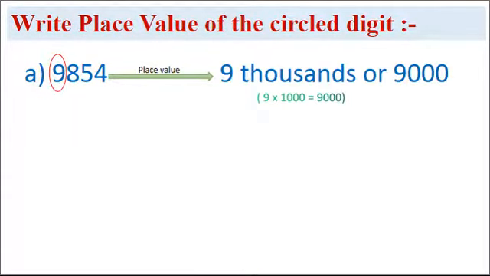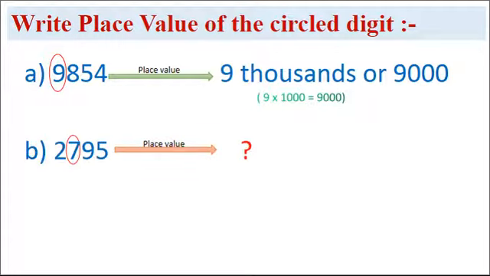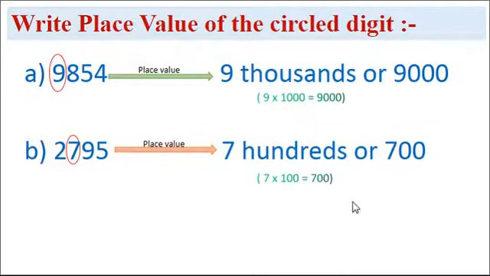So you are going to write 9000 in numerical form, right? Same way, the second example, 2795, 7 has been circled, right? So the place value of the 7 will be 700. 7 is at the 100 place, so you are going to write 7 hundreds, or in numerical form 700.